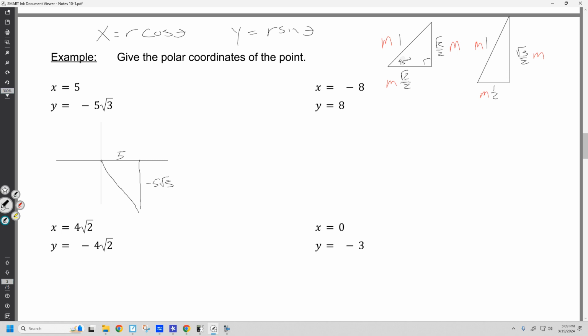It's almost like I don't even plot the point. I go straight to, oh, that's a triangle with an x distance and a y distance. And then you realize, oh, this is a triangle that I'm familiar with. This is a triangle that has a 60-degree reference angle. That is this 30, 60, 90 triangle that is scaled.